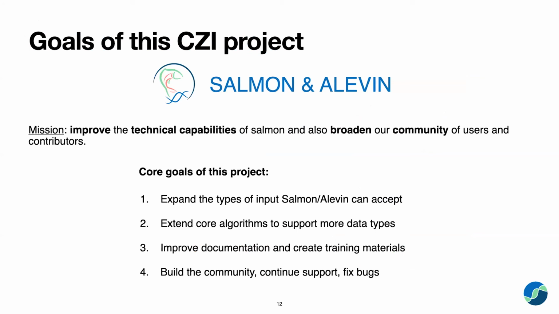So just in the last couple of slides, I wanted to talk a little bit in more detail about where we see things going, particularly in terms of this CZI project.